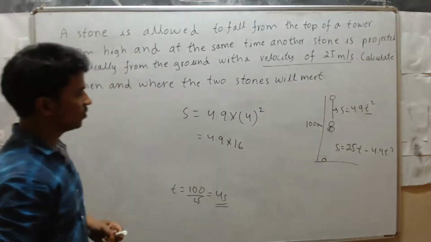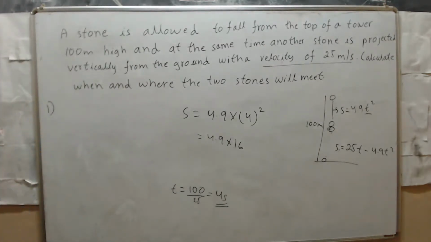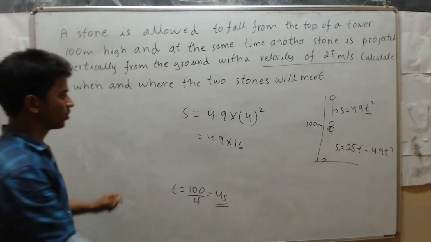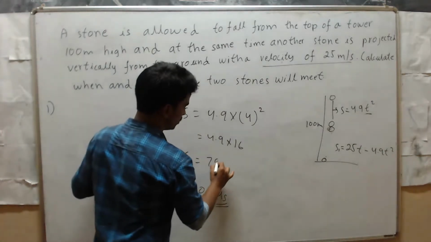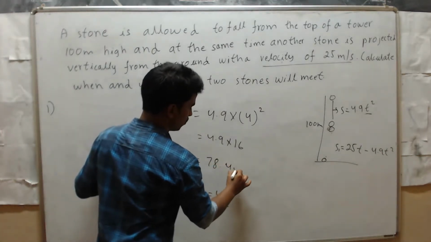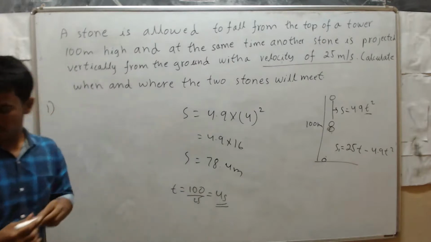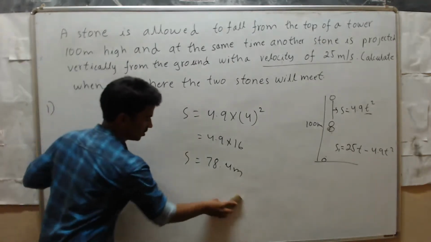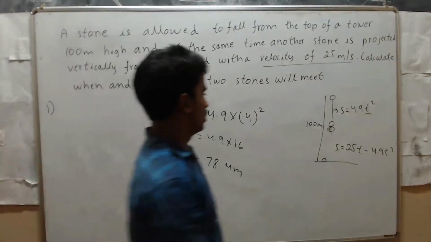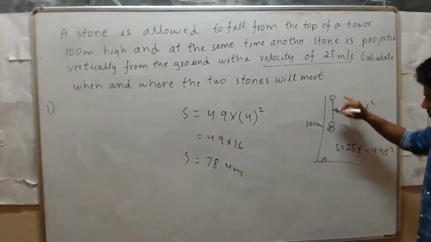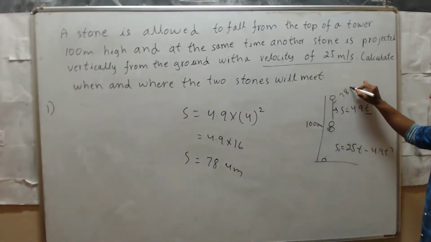What is the answer? 4.9 into 16 is 78.4. So s is equal to 78.4 meter, which means the distance from here to here is 78.4 meter.